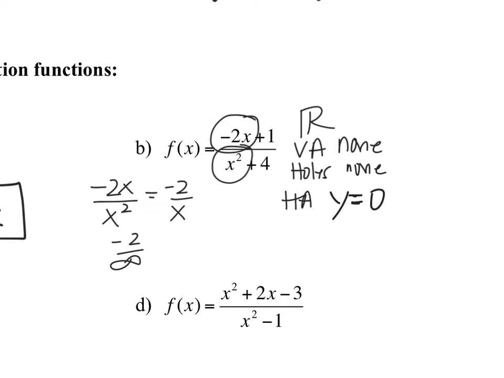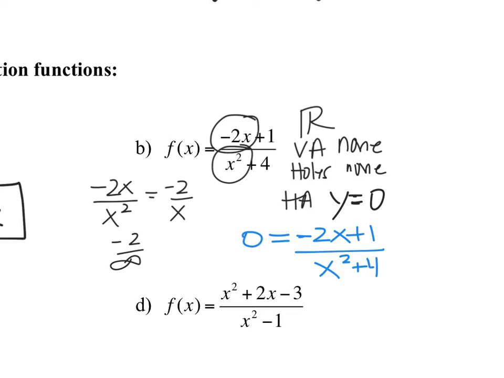Okay, now let's find the zeros of this thing. The zeros would be to plug 0 in for f of x and solve. And when you do that, you really don't need to worry about the denominator. Because if I have a fraction, and I want my fraction to equal 0, then I want the numerator to be 0, right? 0 over 8, 0 over 20, 0 over who cares? So if you cross multiply, it's gone anyways.